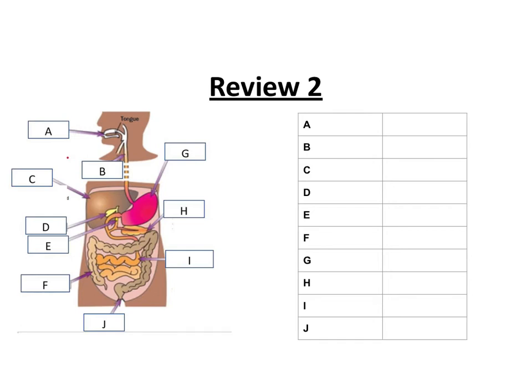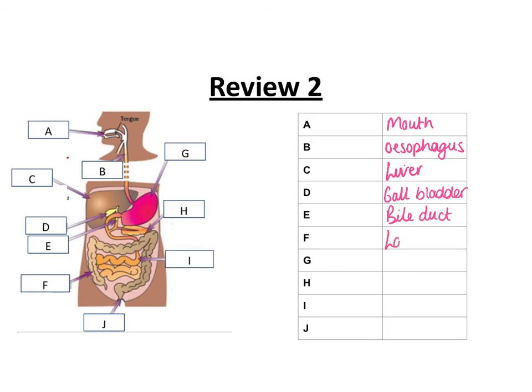Okay, so let's go through the answers. A is the mouth. B is our esophagus. C is our liver. D is our gallbladder. E is our bile duct.